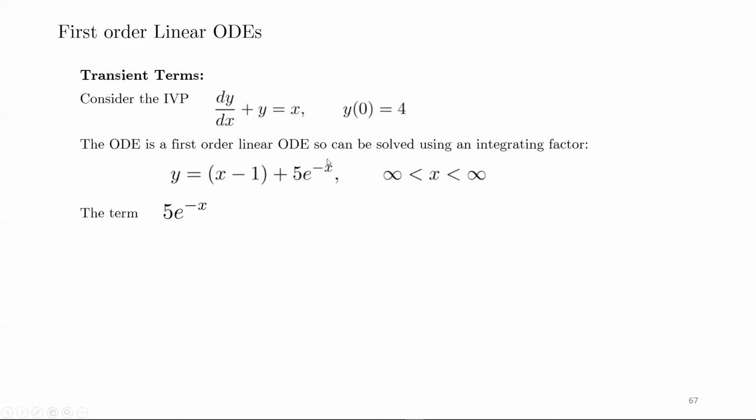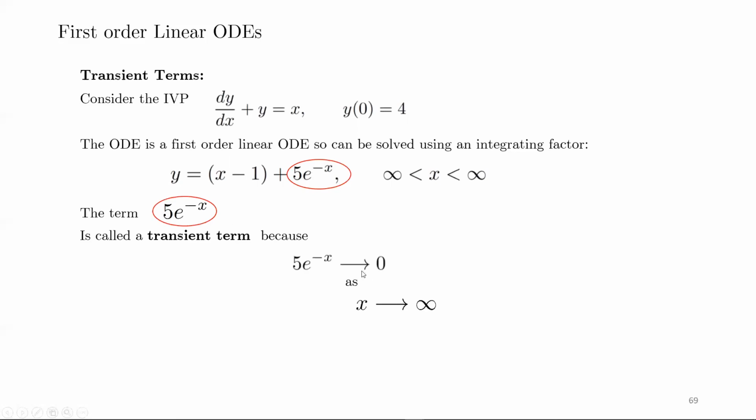Okay, and the reason it's called a transient term is because as x gets larger and larger, as x goes to infinity, this term approaches 0. As x gets larger and larger, we have 5 times e to the minus some number that's getting larger and larger. So in other words, we have the exponential of some increasingly negative number.